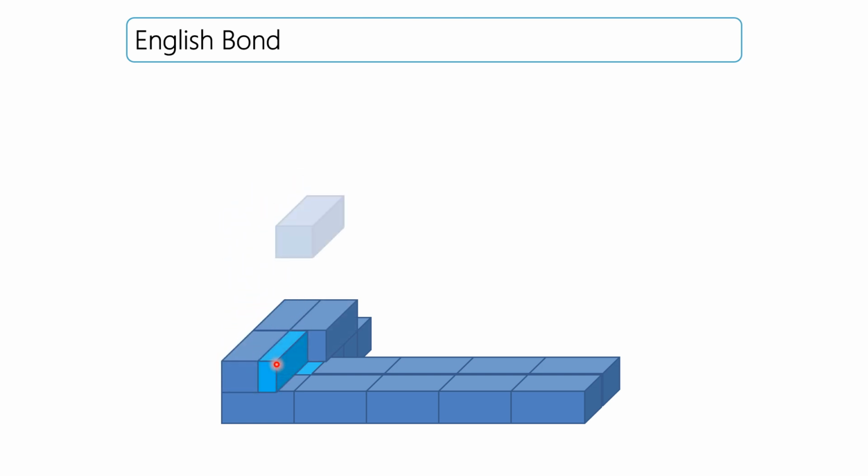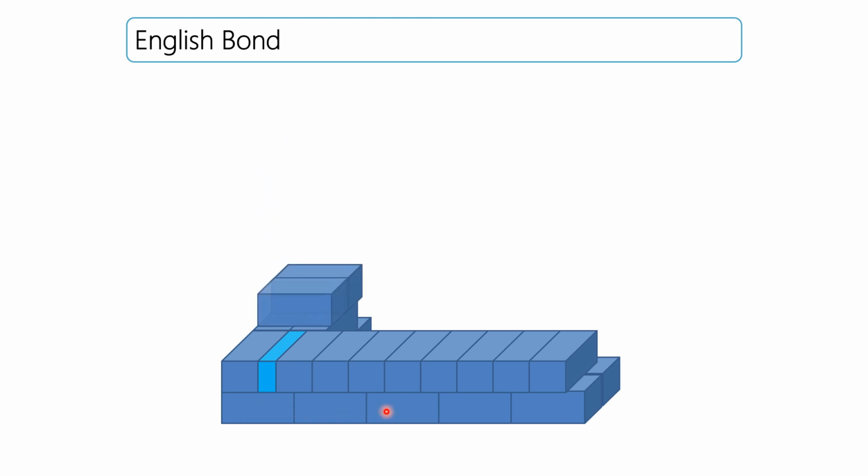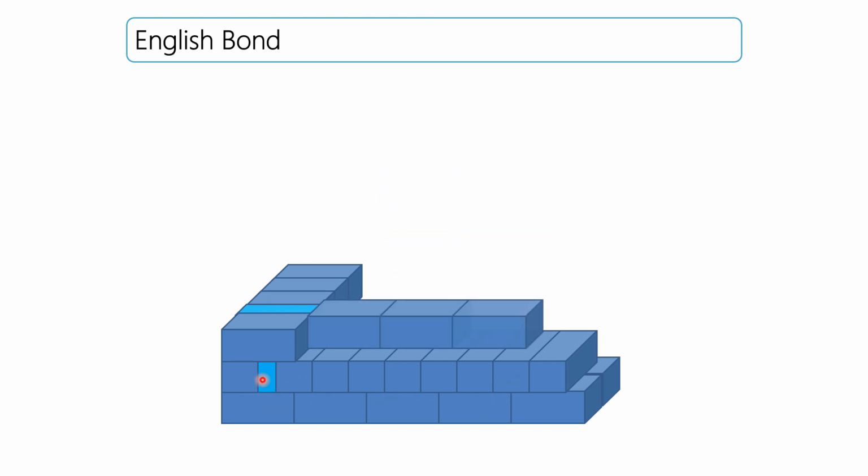Again, a king closer is provided. In the English bond, in one layer all the bricks are with the stretcher face, and in the second layer all the bricks are with the header face. So in one layer stretcher, in the second layer header, and in the third layer again stretcher.